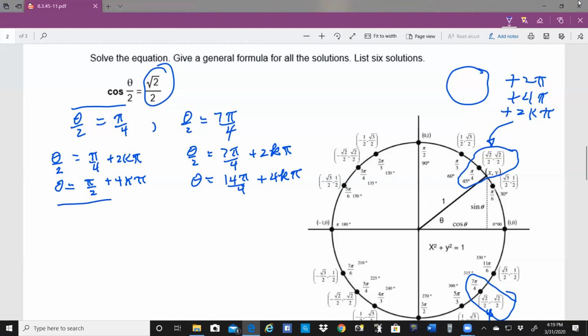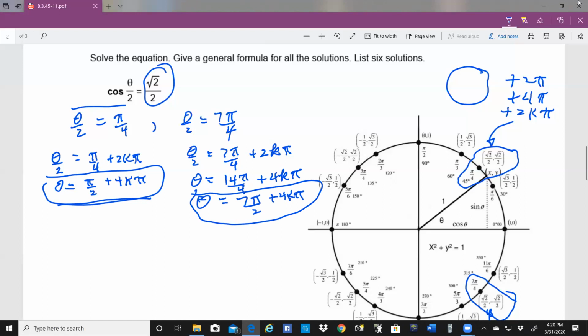And by the way, we need to make this 14 pi over 4 equal to 7 pi over 2 plus 4k pi. So the two general solutions would be the ones I'm circling here.